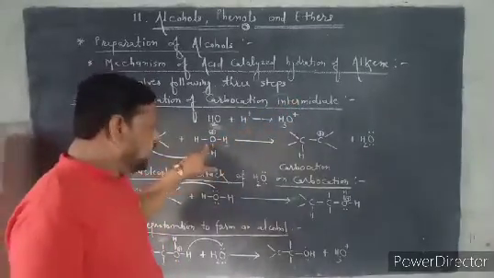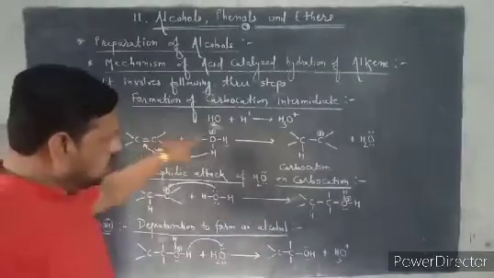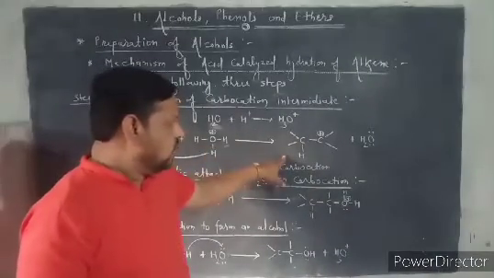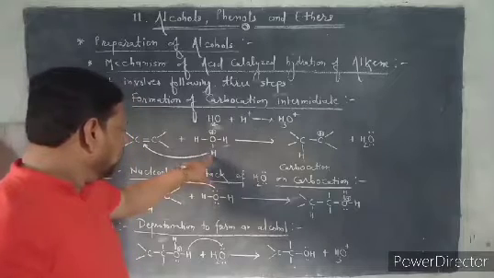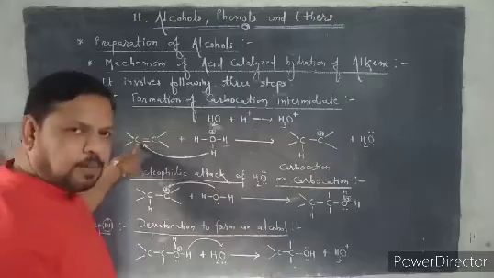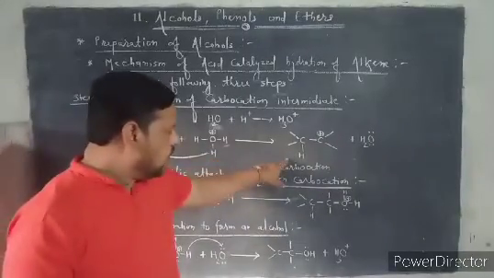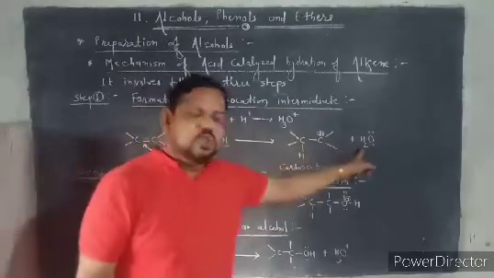Then this hydronium ion reacts with alkene, and it gives the carbocation. From this hydronium ion, one hydrogen atom attaches to one of the carbon atoms, and it gives the carbocation, and the remaining portion is H2O, that is water.